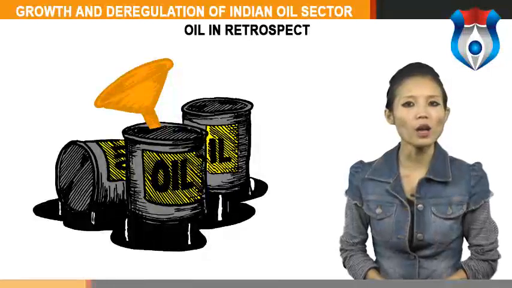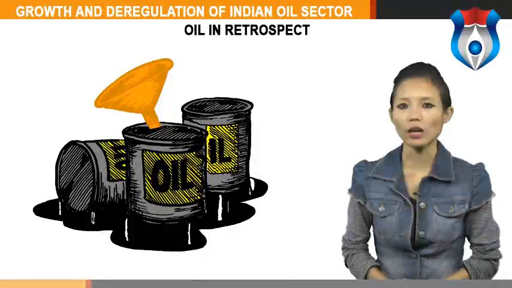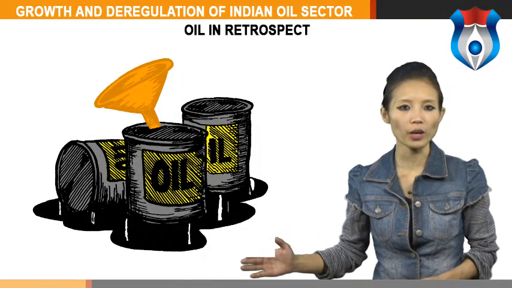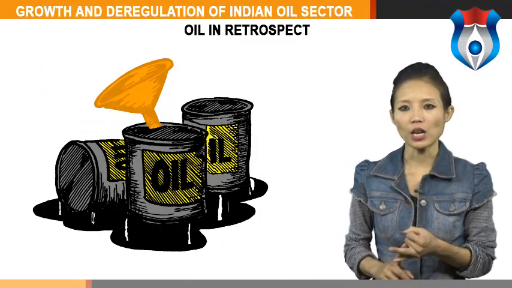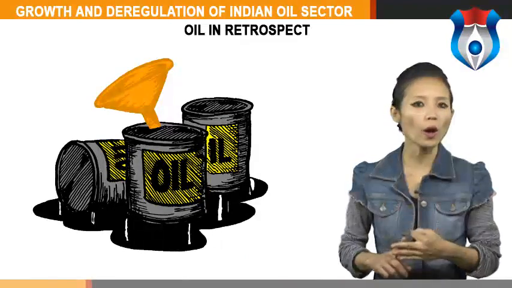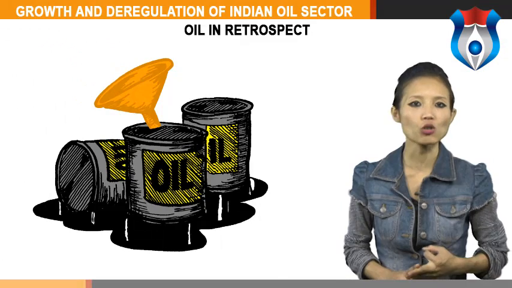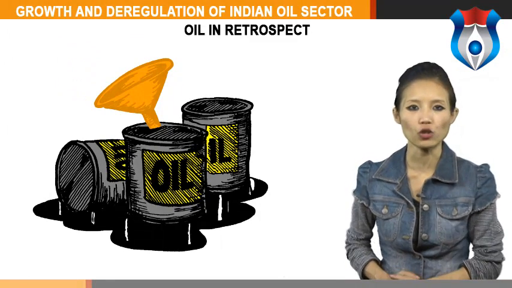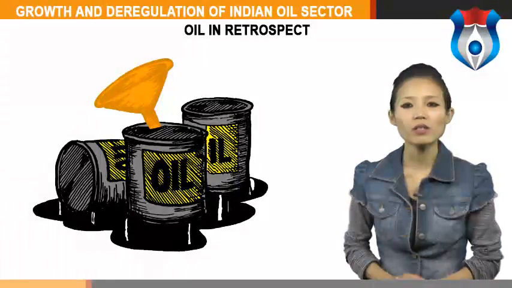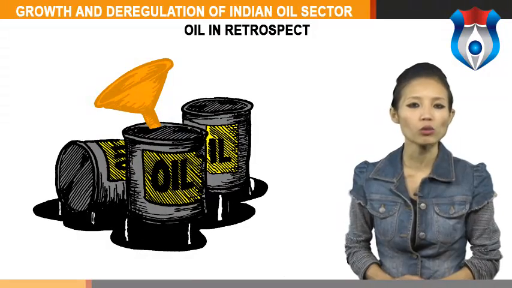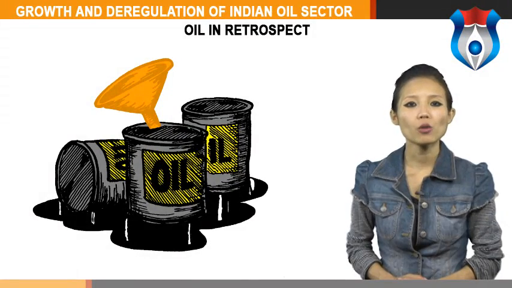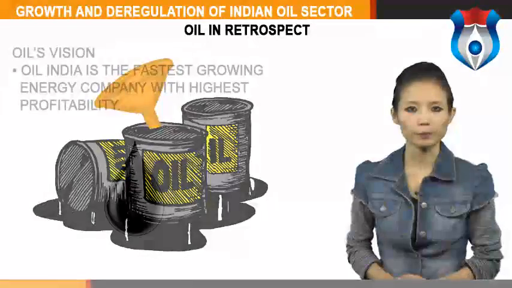Today, Oil is a premier Indian national oil company engaged in the business of exploration, development and production of crude oil and natural gas, transportation of crude oil and production of LPG. Oil also provides various E&P related services and holds 26% equity in Numaligarh Refinery Limited.